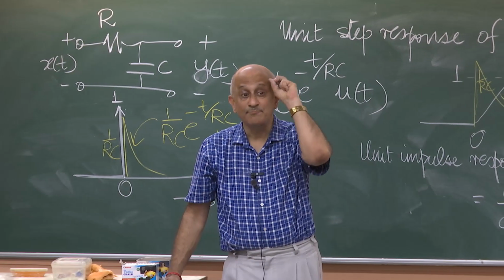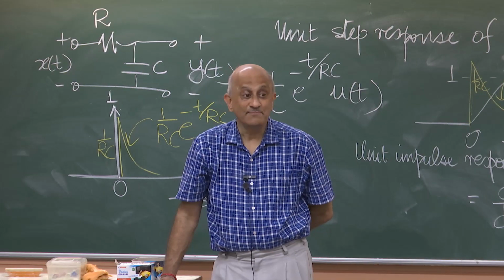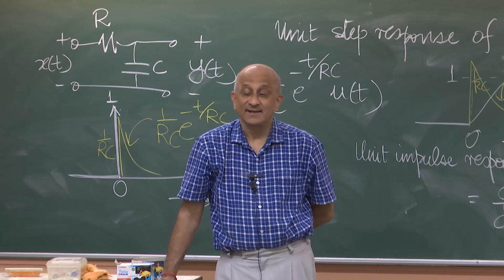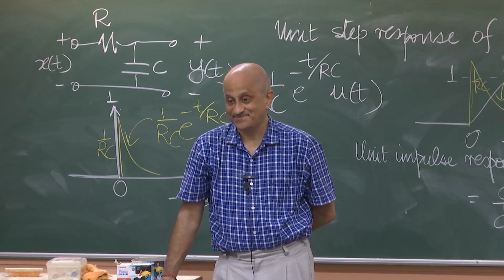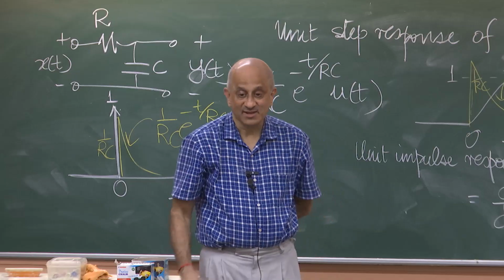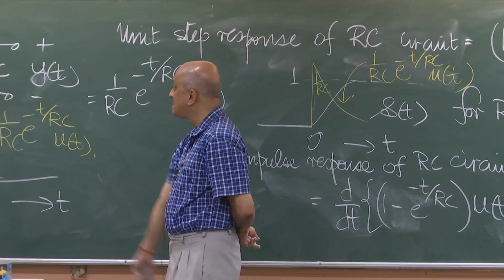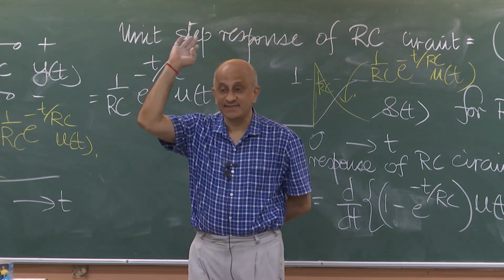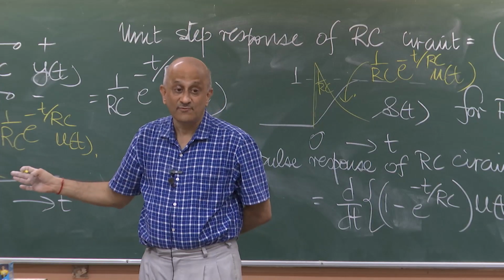Only when you suddenly deposit charge forcefully on a capacitor. So, what does an impulse do? It forcefully deposits charge upon the capacitor, right. That is the way one must look at it. It suddenly deposits charge, and as a consequence it raises the voltage suddenly to 1 by RC, and then the voltage begins to decay from there. Why does the voltage decay?